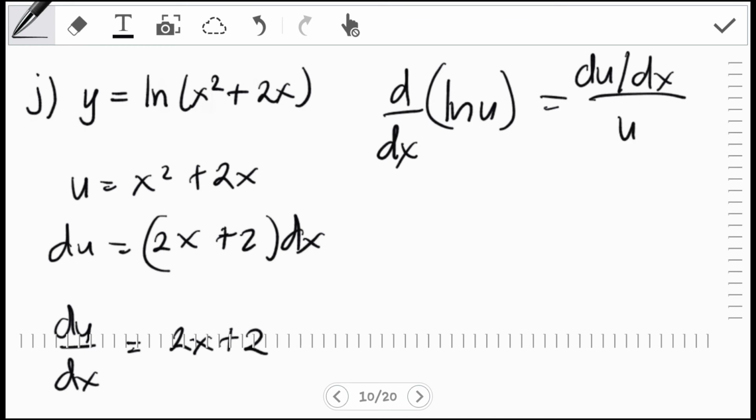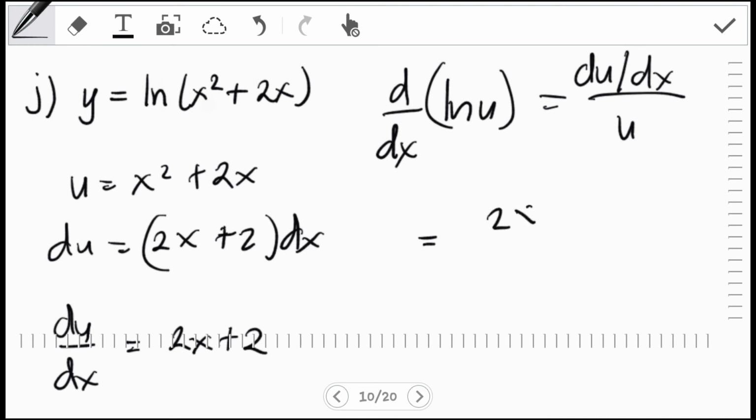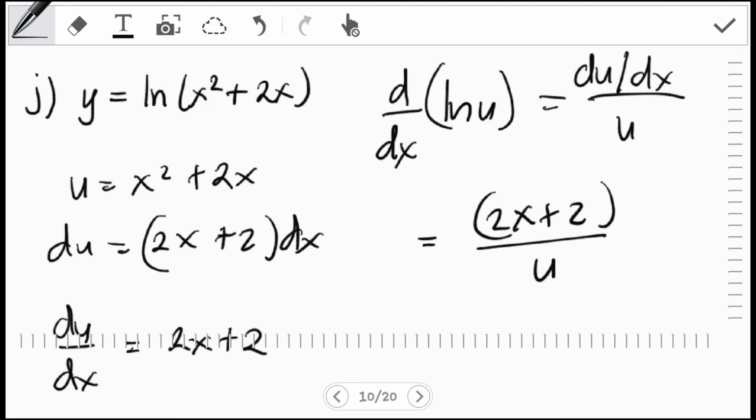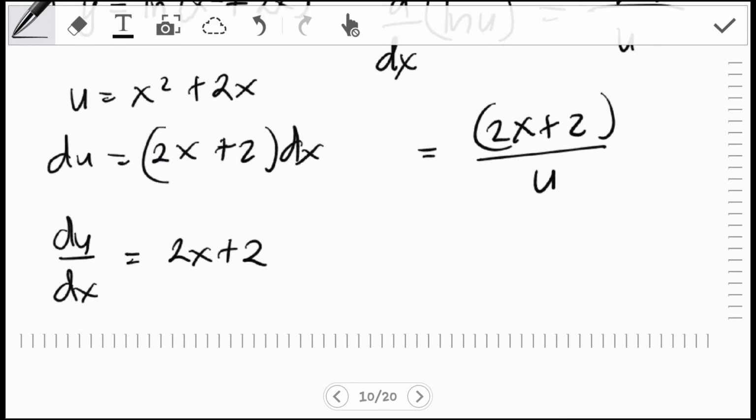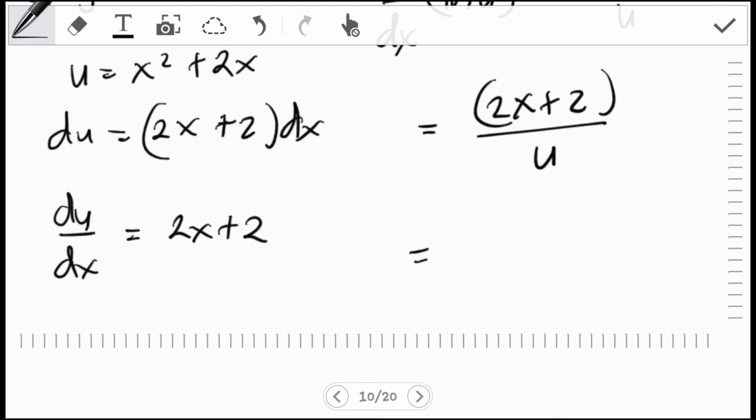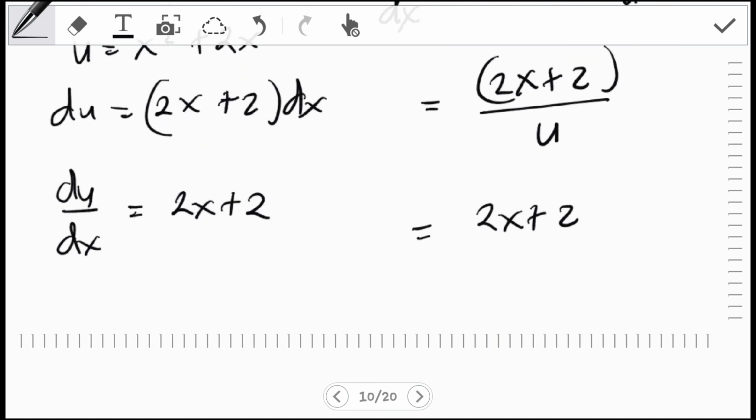Okay. So where du over dx, that is 2x plus 2 over u. So substitute the value of u. Okay. So that is 2x plus 2, and then x squared plus 2x.